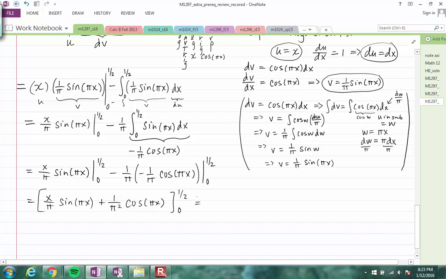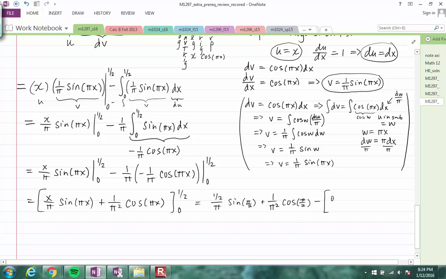Alright, here we go, we're going to plug in the 1/2. So we have 1/2 over pi times sine of pi times 1/2, which is pi over 2, plus 1 over pi squared times cosine of pi over 2, minus the 0 plugged in.